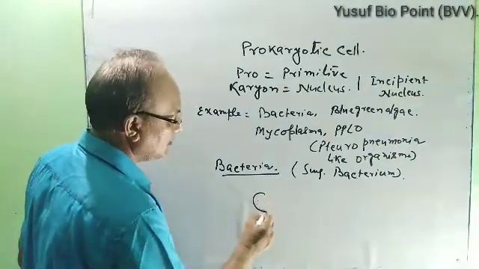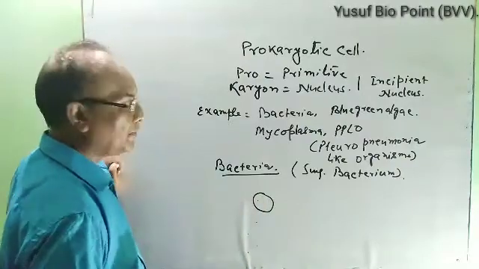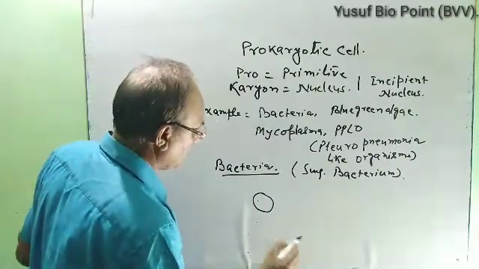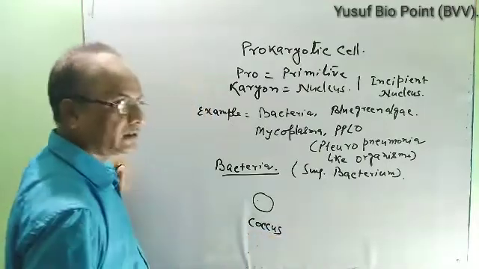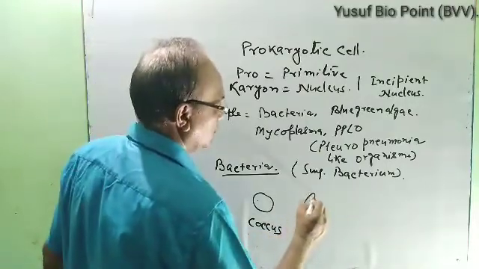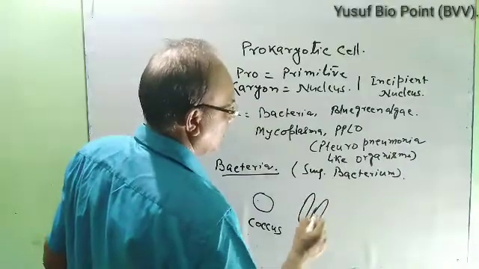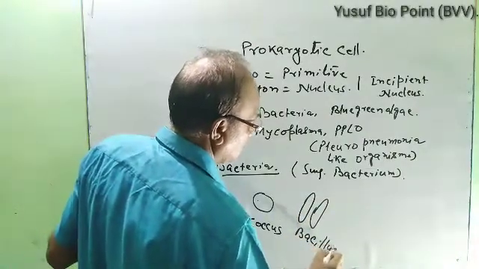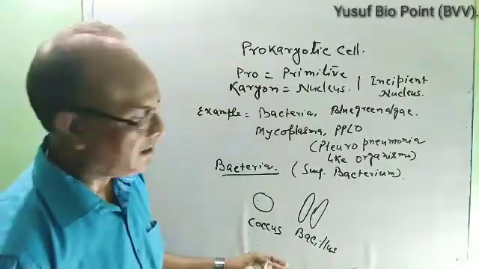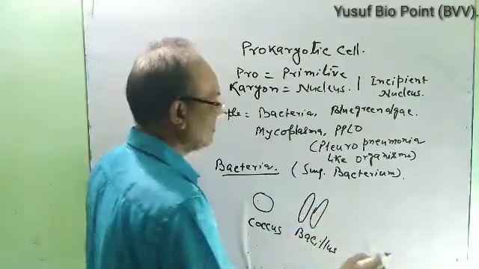Someone is round in shape, that is called coccus. Someone rod shaped, that is called bacillus, rod shaped.